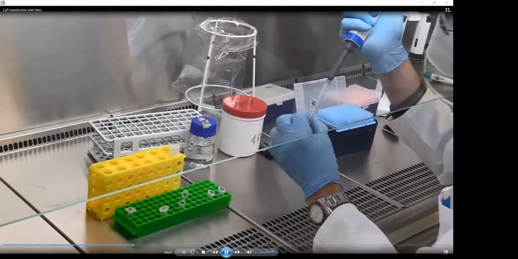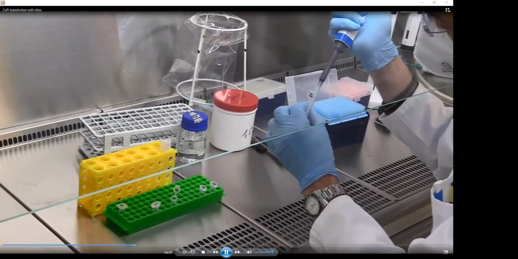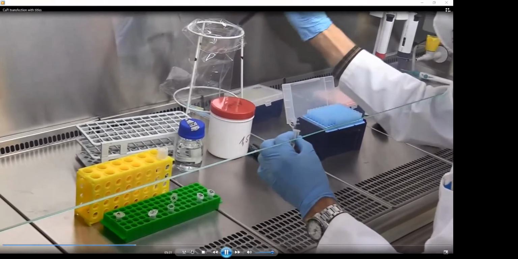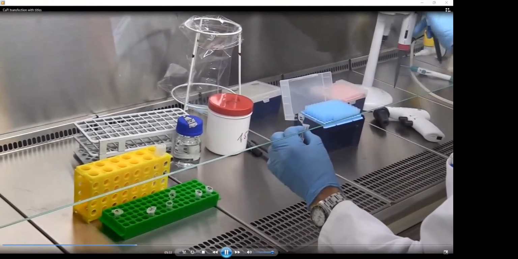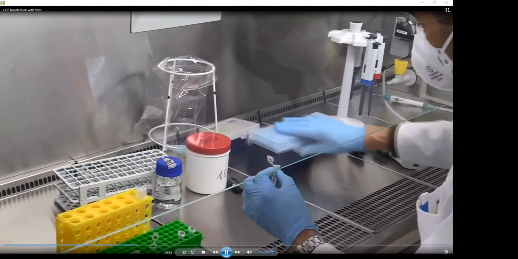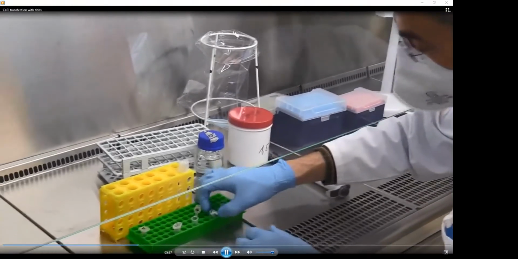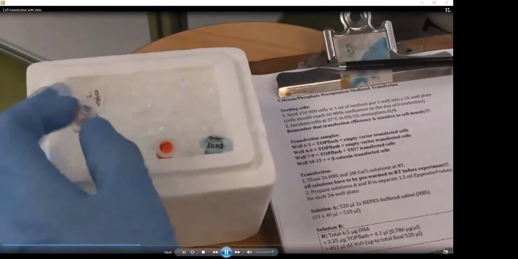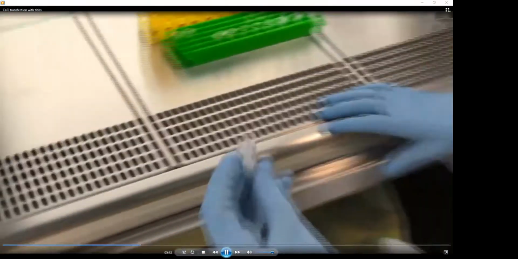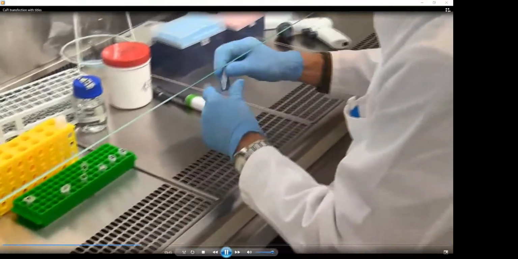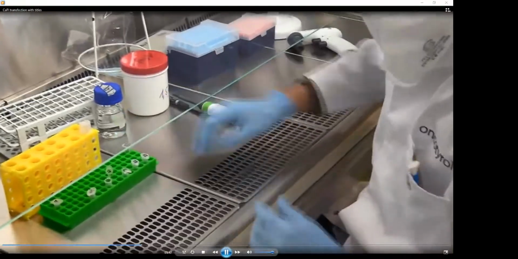Lithium chloride is an activator of Wnt signaling, so it's also our positive control to prove that the reporter system works as it should. The next sample contains this. So this B1 contains the empty vector pGEMT.